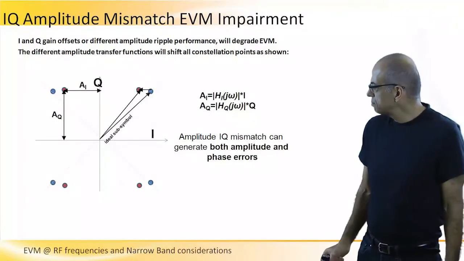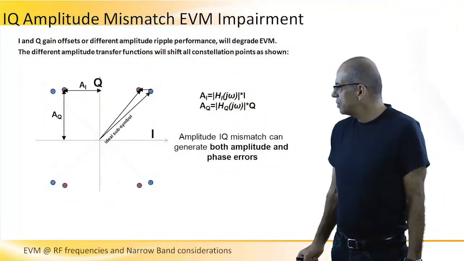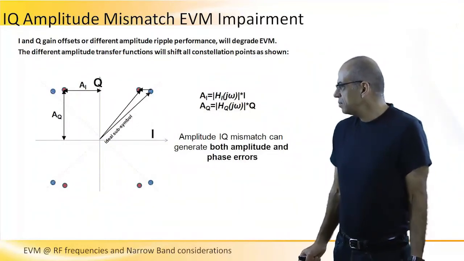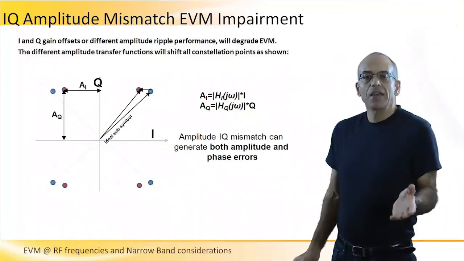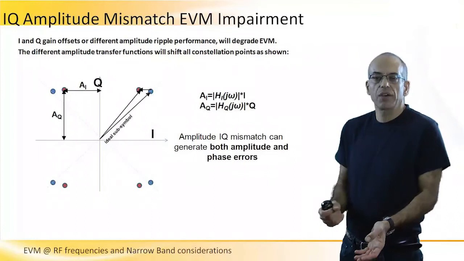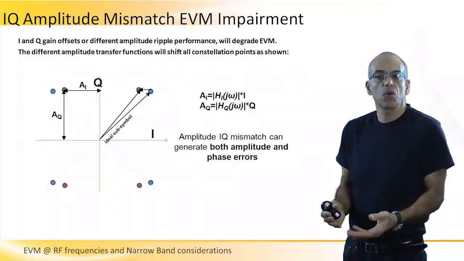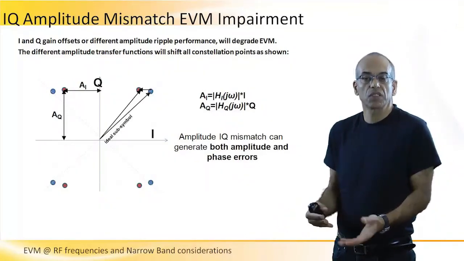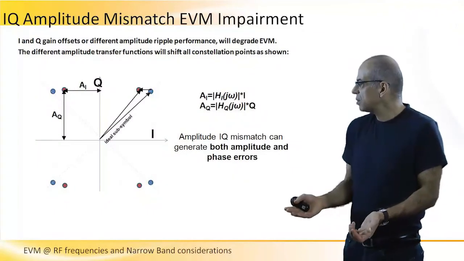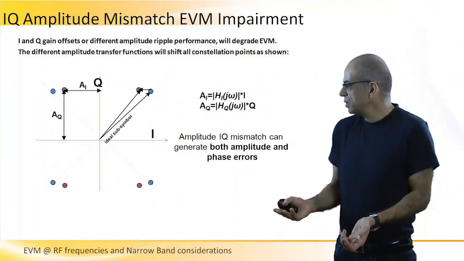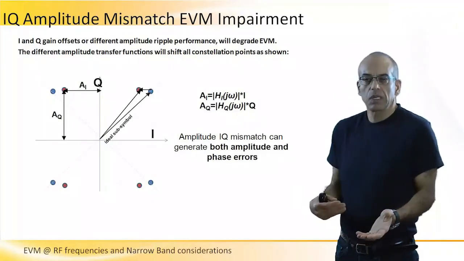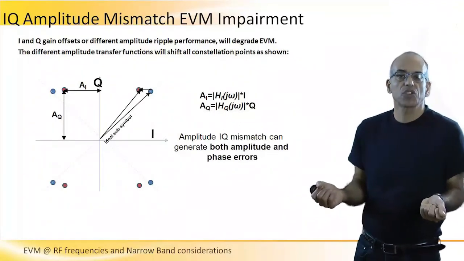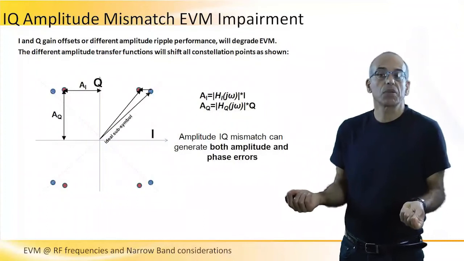Okay, now we will cover IQ mismatch impairment and the effect on EVM. So when we talk about I and Q mismatch, we have two errors that we can consider. One of them is the amplitude error, and the other one is the phase error. When we talk about amplitude error, we talk about I and Q channels being amplified with a slightly different transfer function, or with a slightly different gain, for example.